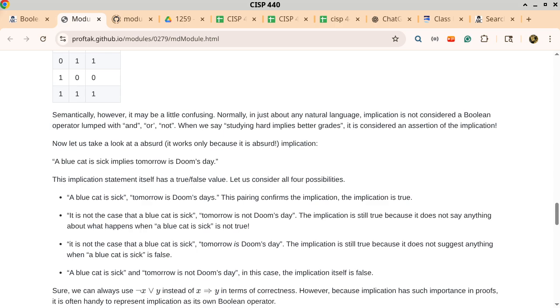Are we understanding what a statement means in this context? It is something that can either be true or false. So when I look at this statement, a blue cat is sick implies tomorrow is doomsday, it is also just a statement, which also means that statement can be true or false.